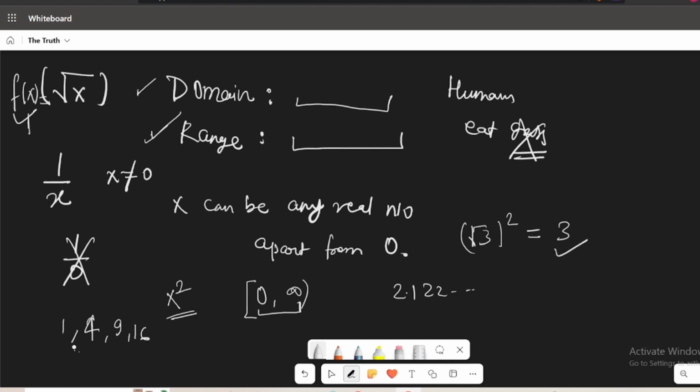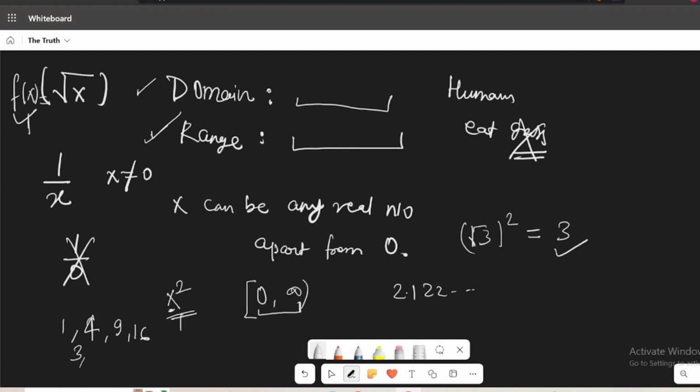So you are getting 3, so 3 can be included. I'm not saying here that x is only the positive integer or negative integer. It can be any fractional number also. Basically, x is any real value. So for any real value, we will always get from 0 to infinite.